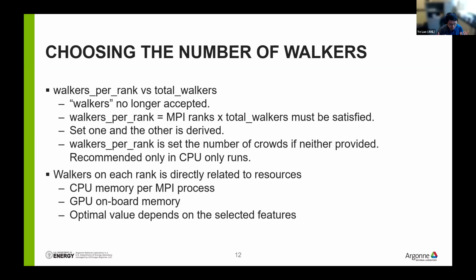Just a reminder that when you're doing a GPU run, set the workers per rank or the total workers. You need at least one of them, and you need to think about why you're setting these, because you need good performance on the GPU.